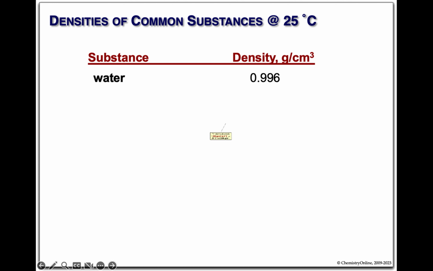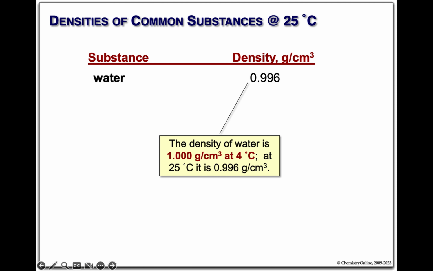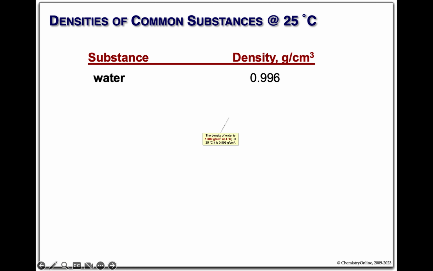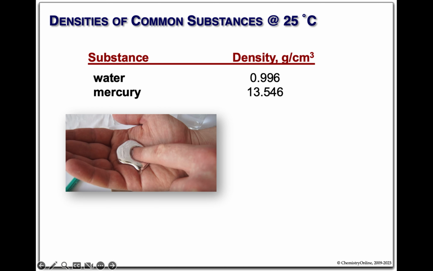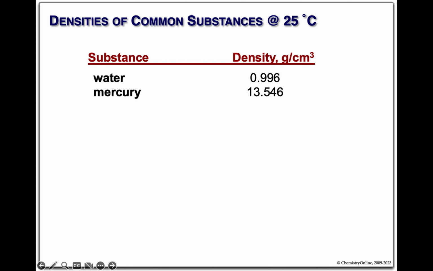Look at some other substances. Water, pretty close to 1. Many people think it is 1. It isn't unless you're at 4 degrees centigrade. Then it is exactly 1. Mercury, 13.5. Again, we used to play with it. It's fun. Sulfur, about 2.